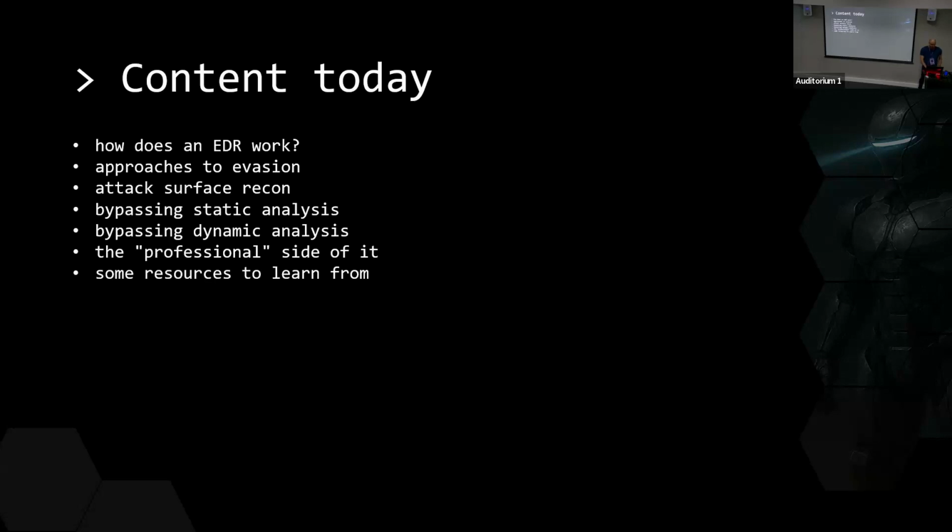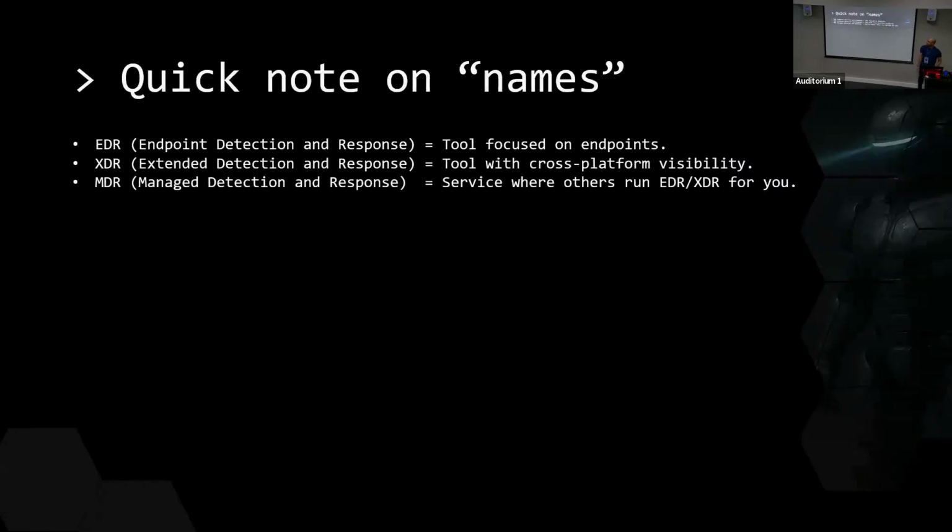But yeah, we're going to talk about EDRs. Just quickly, quick notes on names. EDR, endpoint detection and response, is basically the agent that will be running on your computer and doing all the detection part. Then you have extended detection and response, XDR, which usually is some sort of cross-platform functionality, Linux or other operating systems, and centralized synchronization and management.